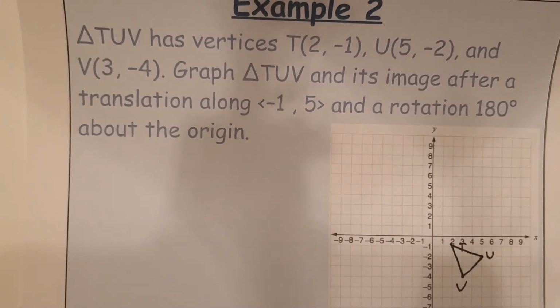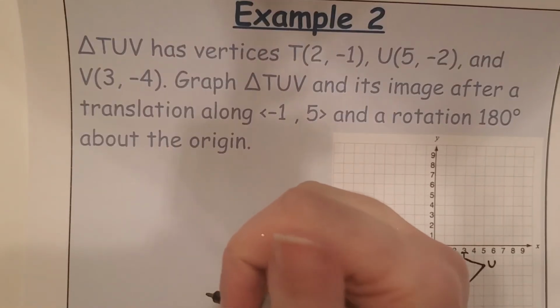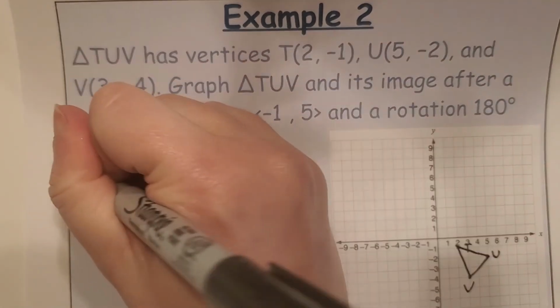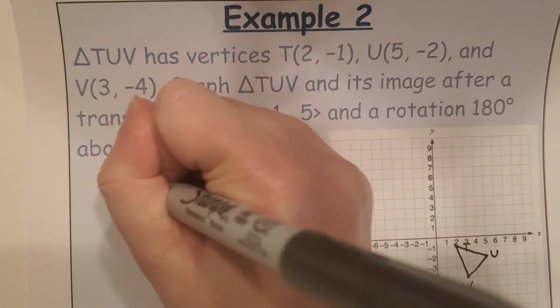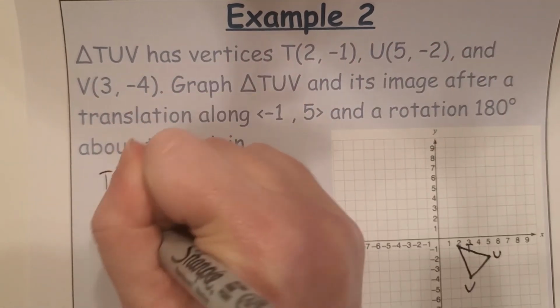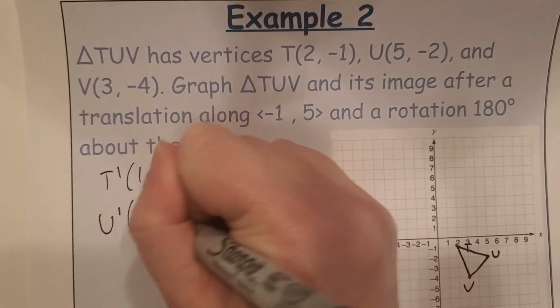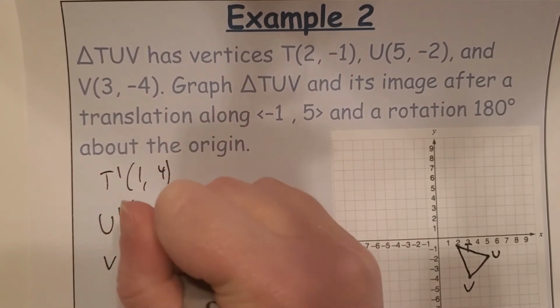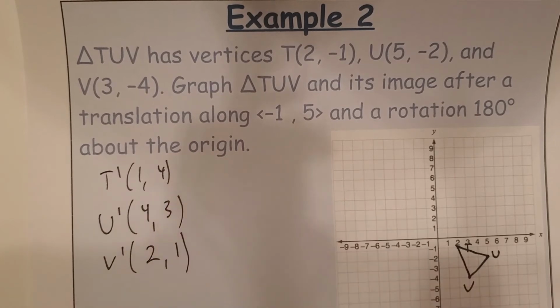T prime is 1, 4. U prime is 4, 3. And V prime is 2, 1.